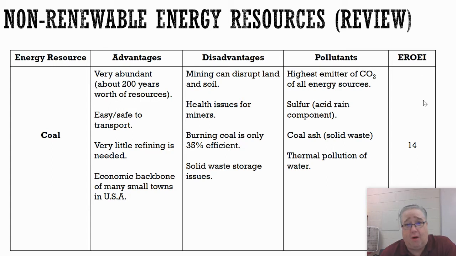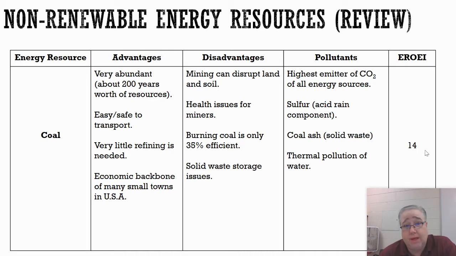Now, finally, here on this review, it gives you the EROEI. Remember, this is the energy return on energy investment. And the higher that number is, remember, that number is a comparison of two things: how much energy can you get from that resource versus how much energy do you have to put in to obtain that resource and use that resource.